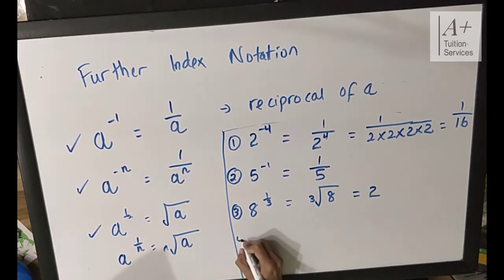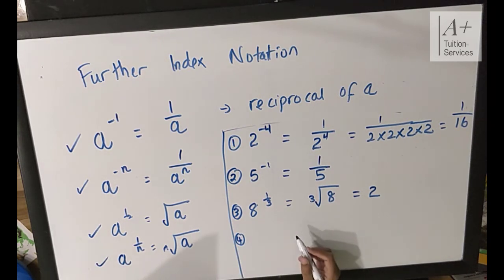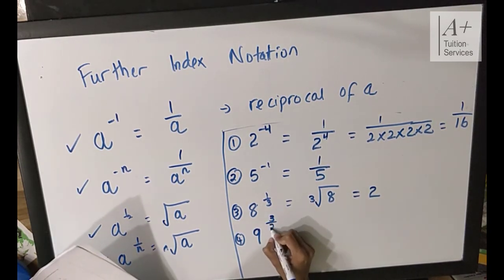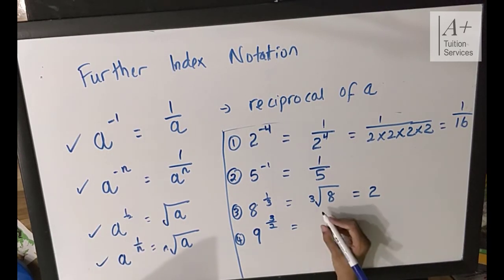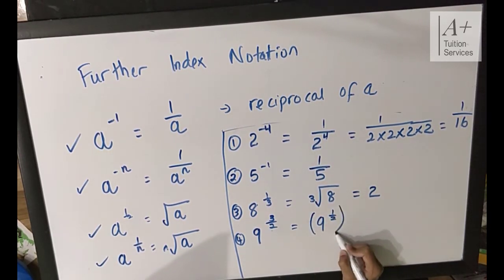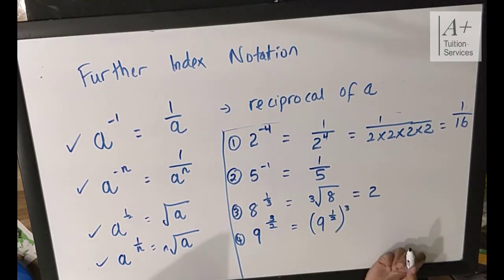Okay? And then we have a fourth example, which will follow this rule, and it will be 9 to the 3 over 2 power. The marker did not allow me to write small, right? So we'll end up with 9, and this is a half, but this half is multiplied by 3. Okay?